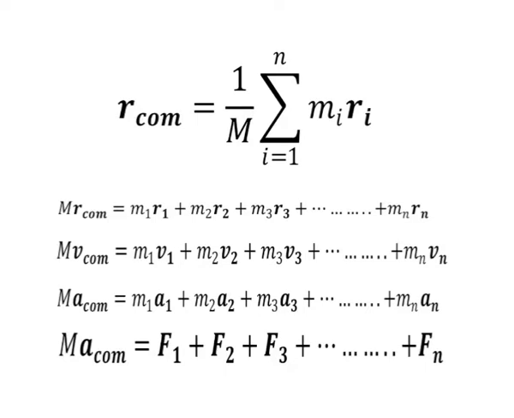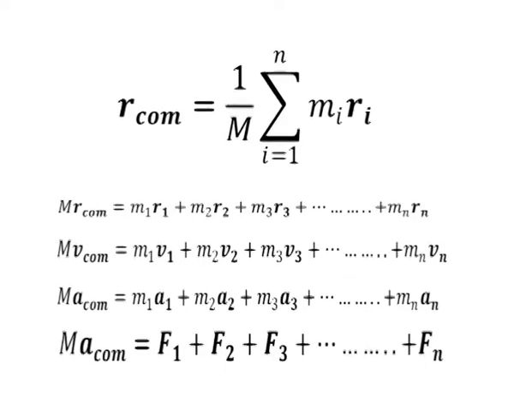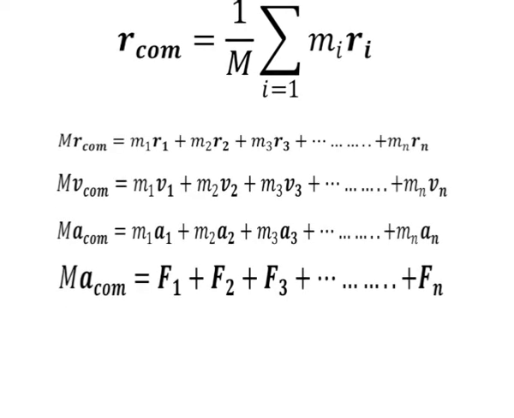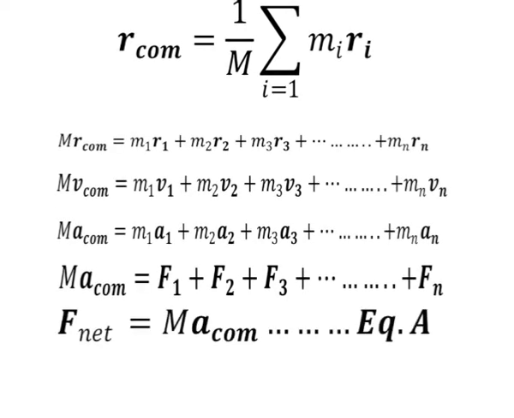By Newton's third law, the internal forces form third law force pairs and cancel out in the sum that appears on the right side of the equation. What remains is the vector sum of all the external forces that act on the system. This equation then reduces to equation A, the relation that we set out to prove, that is F net is equal to m a com.